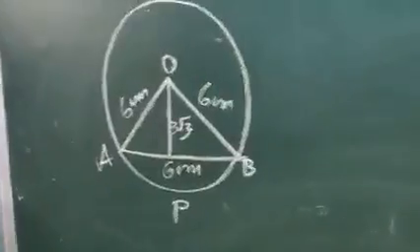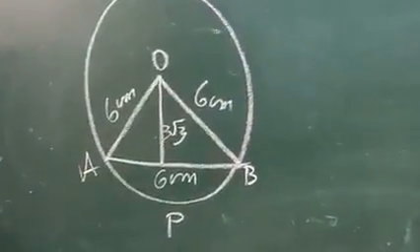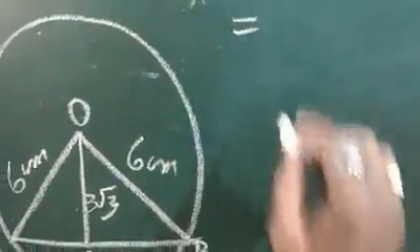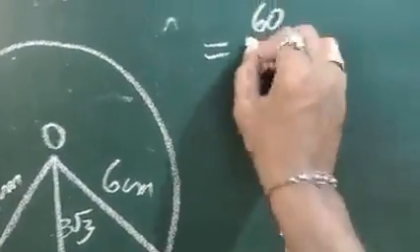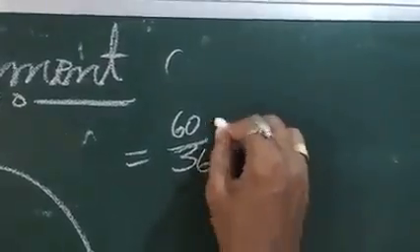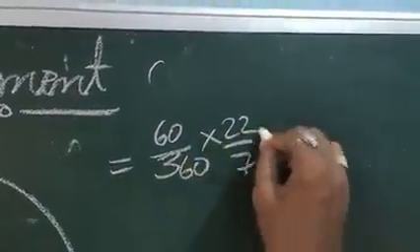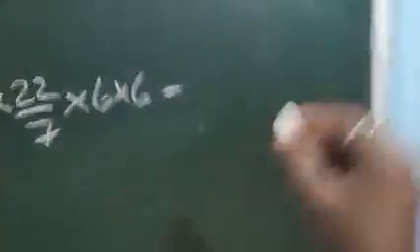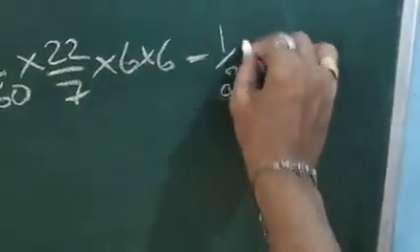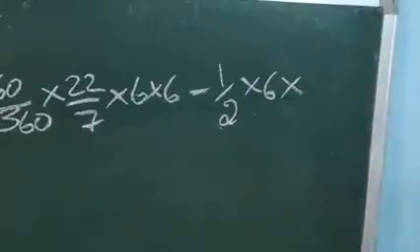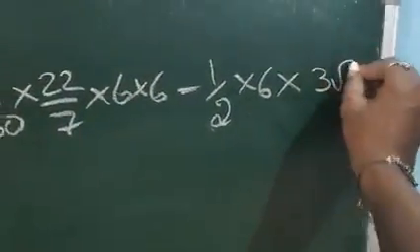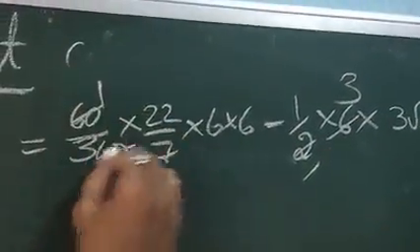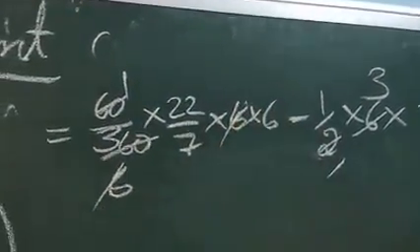Now according to our calculation, AB base is equal to 6 centimeter, height is equal to 3 root 3. According to the formula, theta by 360, that is 60 by 360 into pi, that is 22 by 7, into r square, 6 into 6, minus area of triangle, half into base 6 and height 3 root 3. 2 1s are 2, 3 2s are 6, 6 cancel.